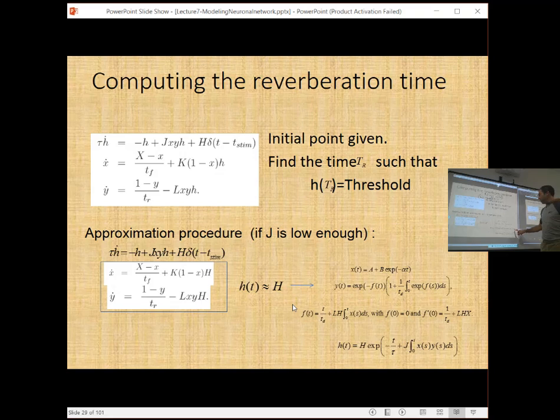Based on this, if I know x and y, then you can go back here, because now that depends only on time, and you have an equation for h that you can solve, and you get h. Although it was constant, now you want to put it back into the system to see what happens when it varies. You have this expression, and now you can.